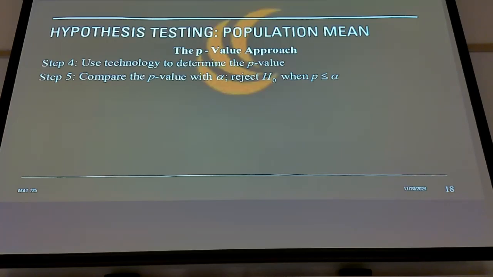I may have misspoke. Oh, that's right. The p-value is the probability that that test statistic occurred by random chance.